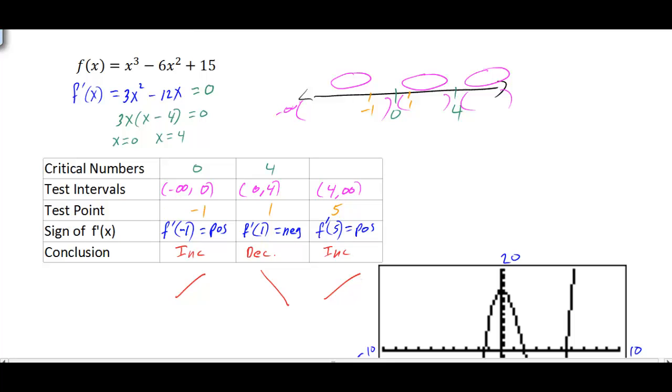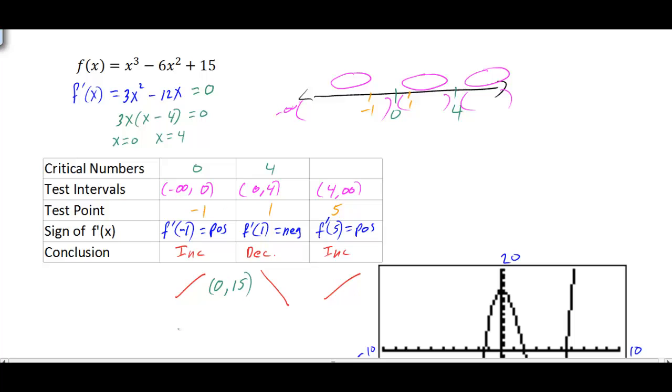So if you notice, at our critical numbers 0 and 4, that's where we're changing directions. So that tells us then at the point where x is 0, if we want to know this exactly, plug 0 into the original function. 0 cubed minus 6 times 0 squared plus 15 is 15.